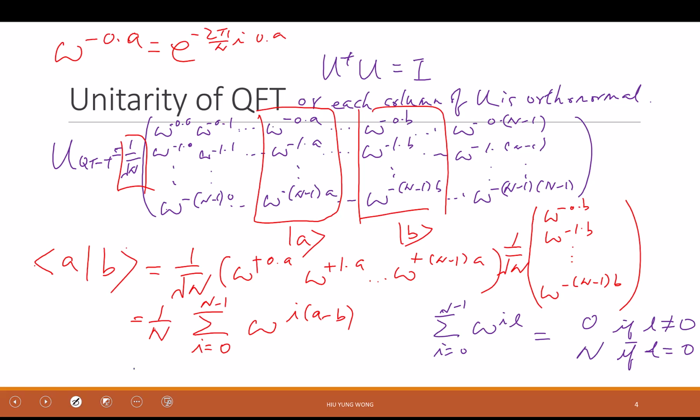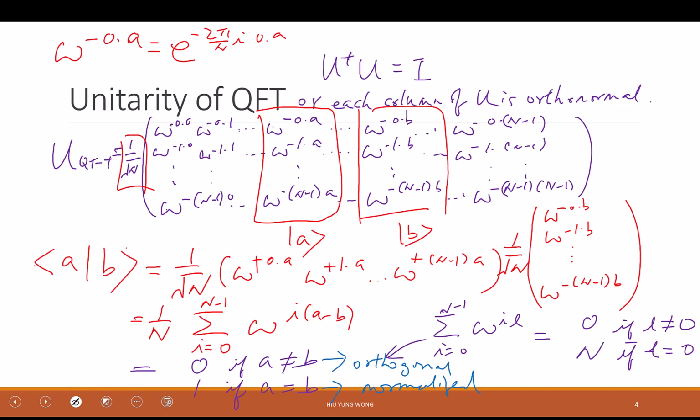So this tells us that this is equal to 0 if A is not equal to B, because here L is A minus B. And this equals 1 if A equals B. So this is exactly the definition of orthogonal, and this is the definition of normalized, correct? So it means that it is orthonormal.